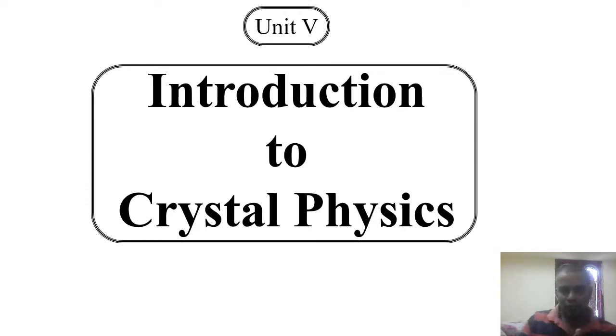If you move into the microscopic world, Schrödinger's quantum mechanics plays an important role. If you want to study both together, you definitely need the crystal. Without the crystal, you can't understand anything, in the macroscopic or the microscopic world. So for that, we have to study crystal physics.